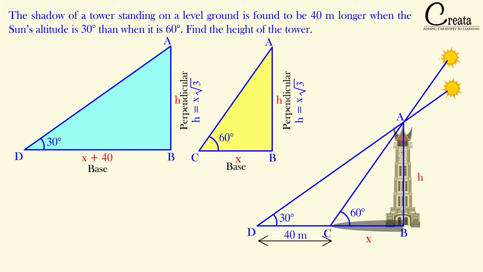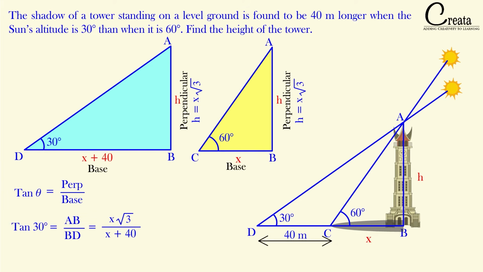Now let's apply the trigonometric ratio of tan theta. Why? Because again here perpendicular and base are coming into the picture, and the relation governing the perpendicular and base is tan theta. So we got tan theta is equal to perpendicular upon base. So tan 30 degree is equal to AB upon BD, which is equal to x root 3 upon x plus 40.